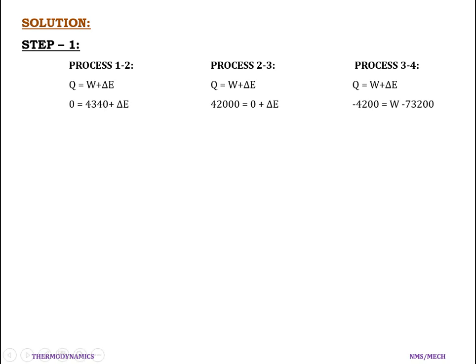By making the calculations, we get the results. For the process 1 to 2, the unknown value delta E is minus 4340 kilojoule per minute. Similarly, for the process 2 to 3, we can calculate delta E as 42,000 kilojoule per minute. And for the process 3 to 4, the work output value is 69,000 kilojoule per minute.